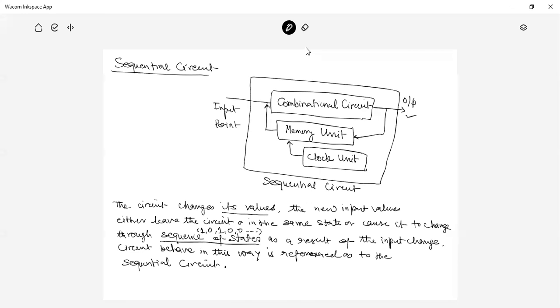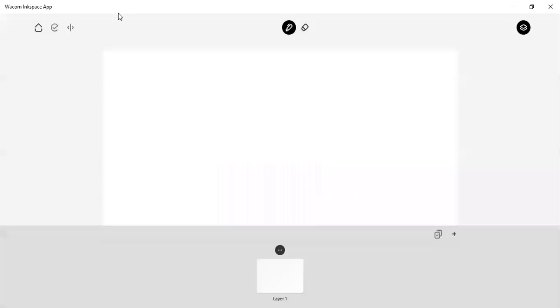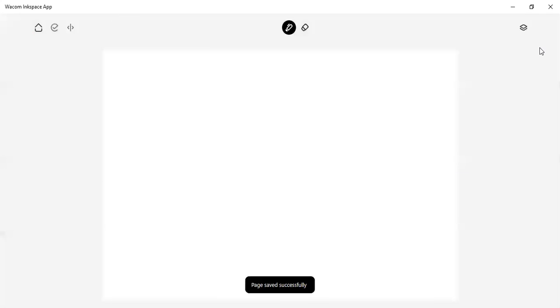Now the basic sequential circuit, that is the most fundamental sequential circuit, is termed as the latch. So we can have a circuit of a basic latch. This is the important thing that we have to understand about the latch, using a NOR gate.